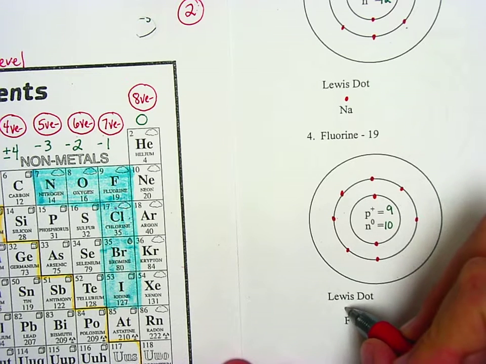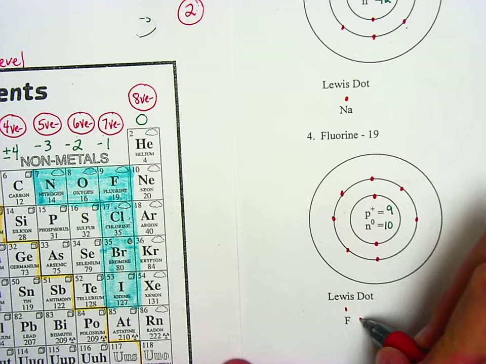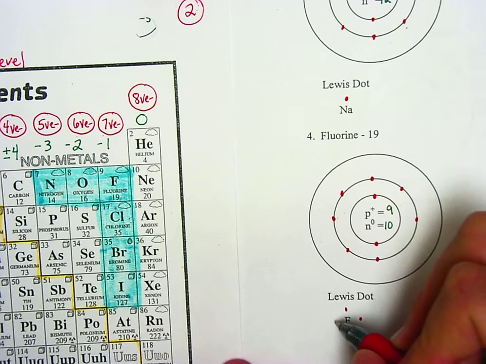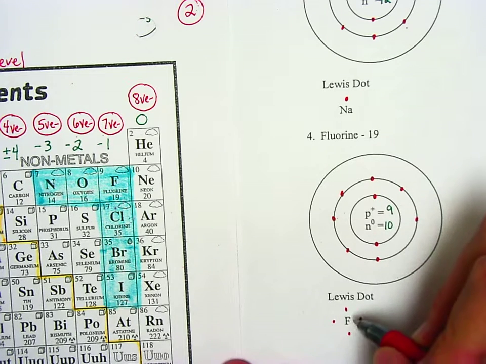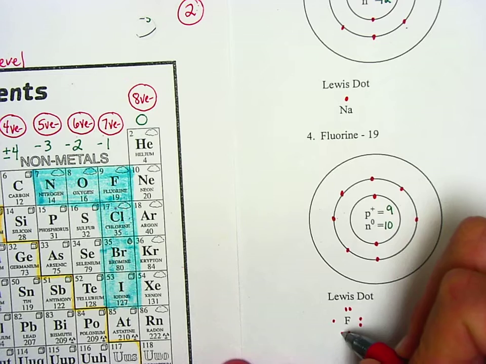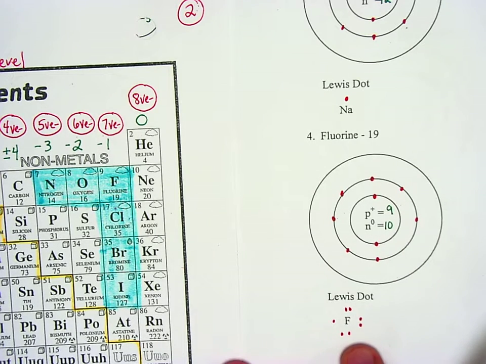I'm going to go 1 on top, 2 on the side, 1 on the bottom, another 1 on the left side. So that gives us a total of 4. Now we need 7. So the fifth one goes on top, the 6th on the right side, and the 7th one on the bottom.